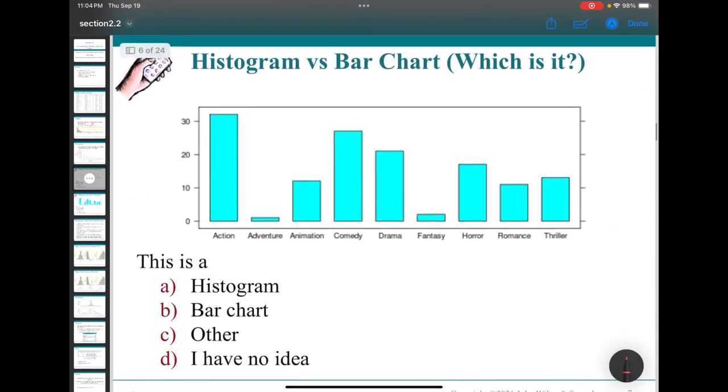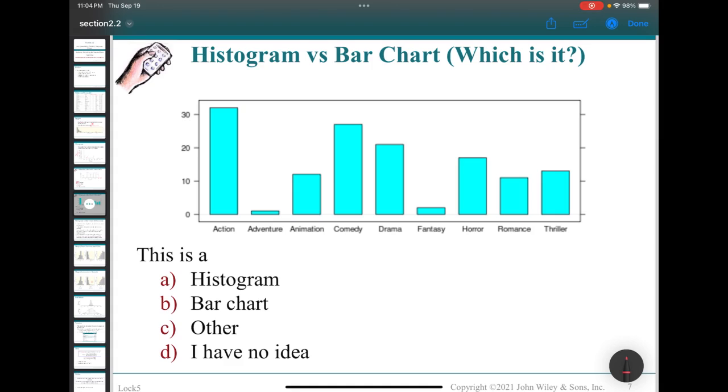How about this one? Is it a bar chart or a histogram? This axis represents values of a categorical variable. So this is a bar chart. See, each bar has a particular value, a qualitative value, not a quantitative value.